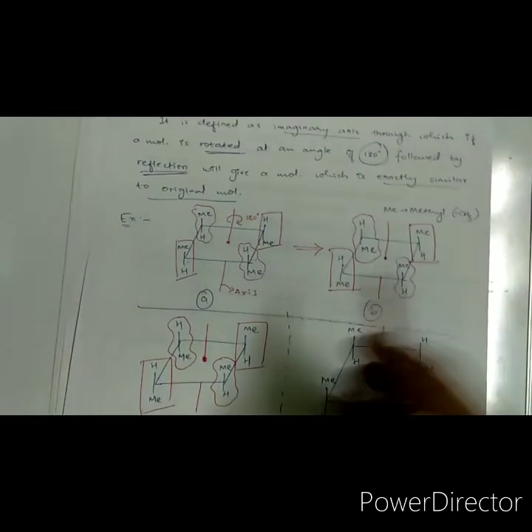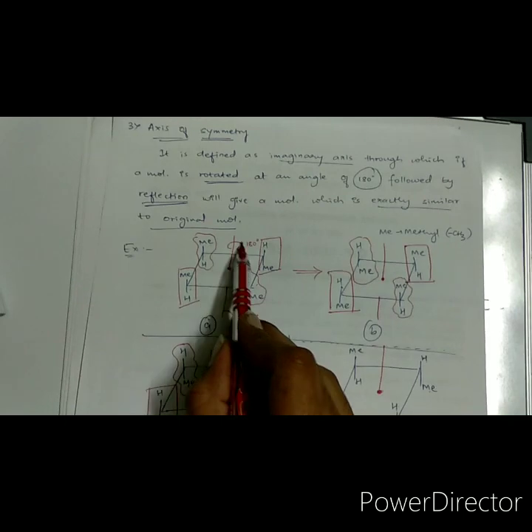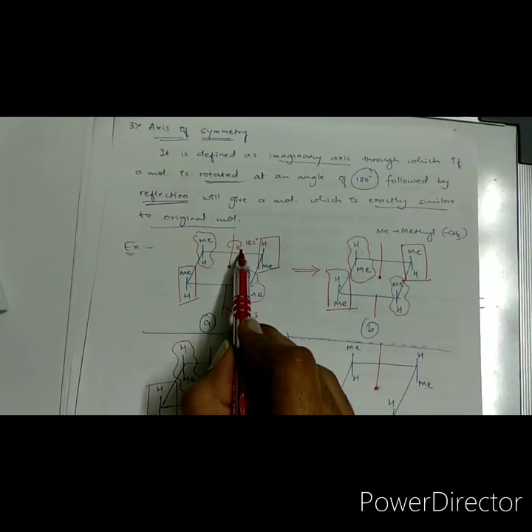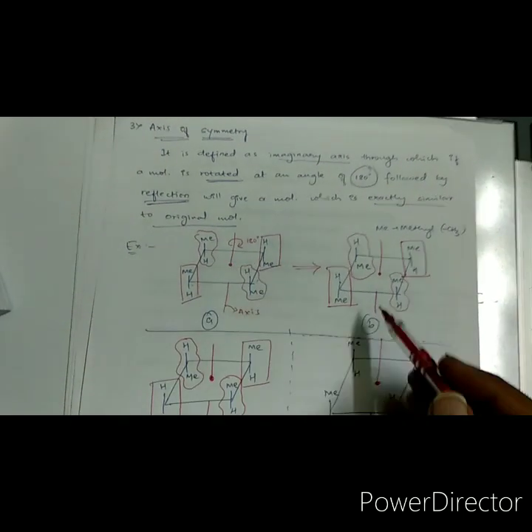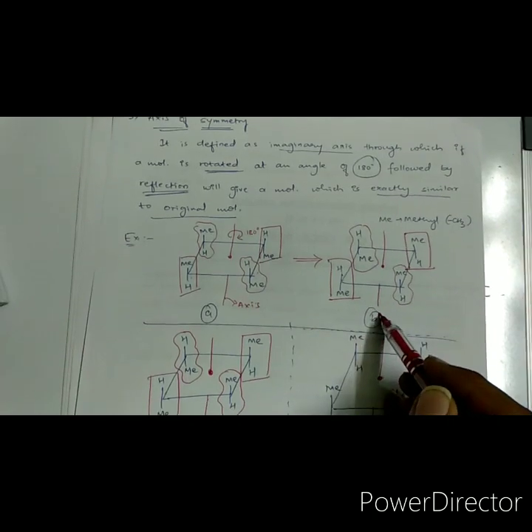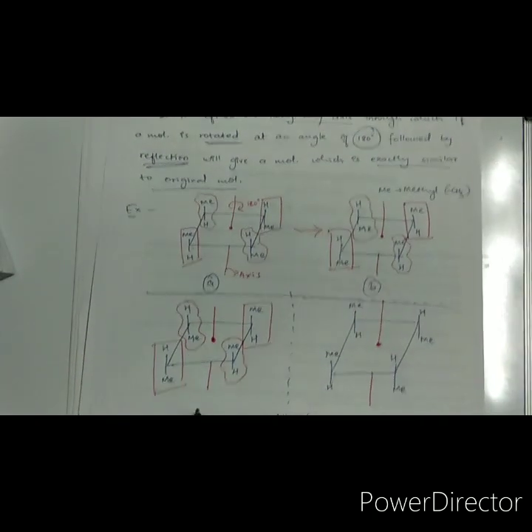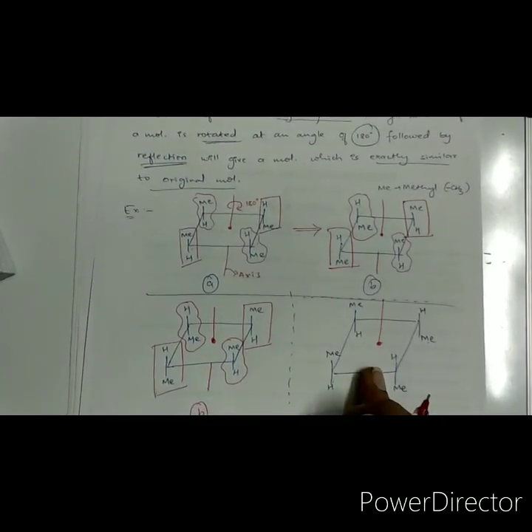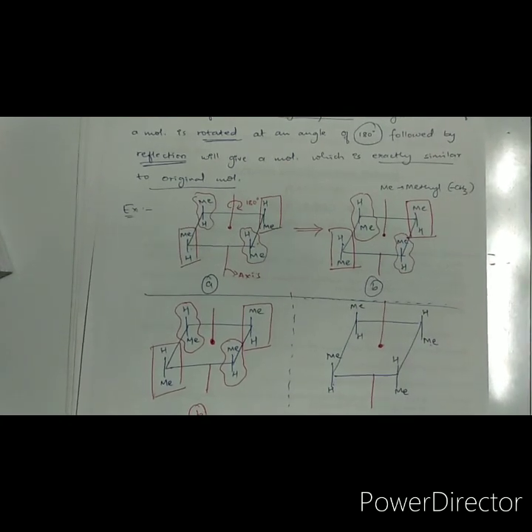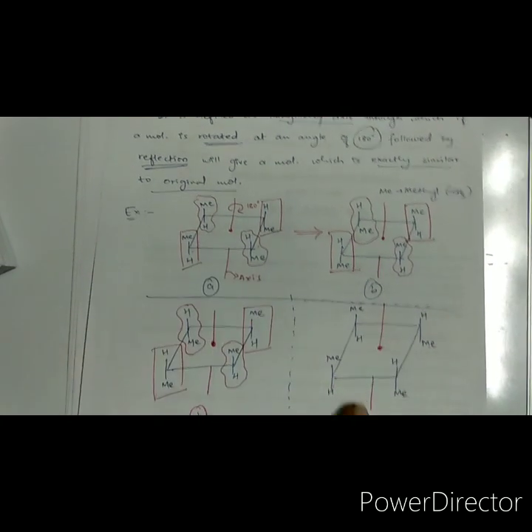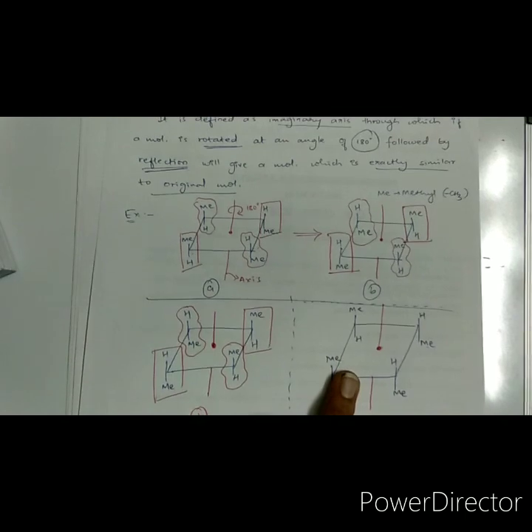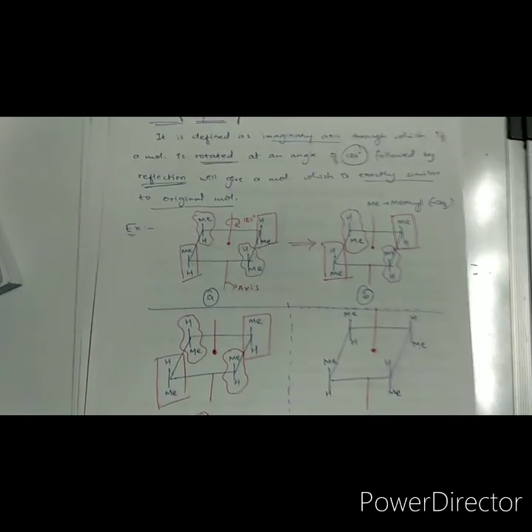So this is how this axis of symmetry is defined. So you have to rotate first the molecule by 180 degree through an imaginary axis to get some molecule B. So now this molecule B, when its mirror image we plot, we get same A molecule with same configuration. So this is how elements of symmetry is defined.